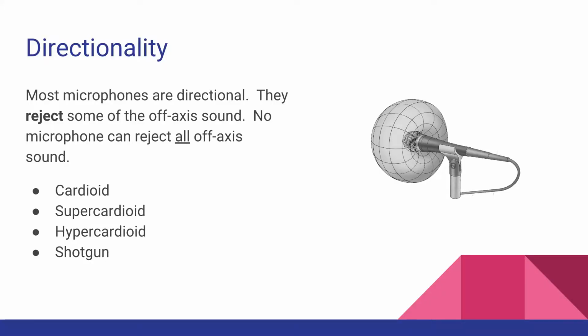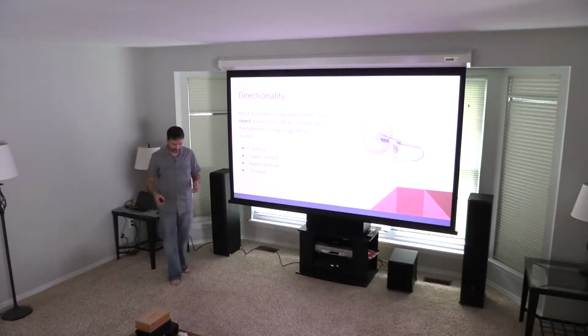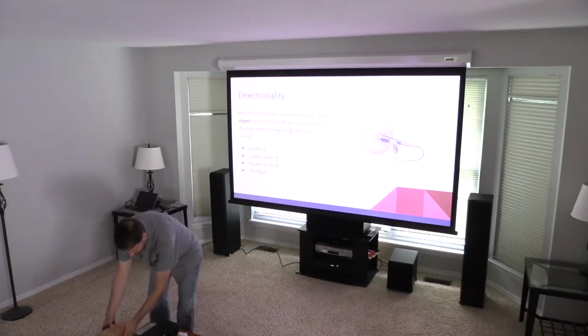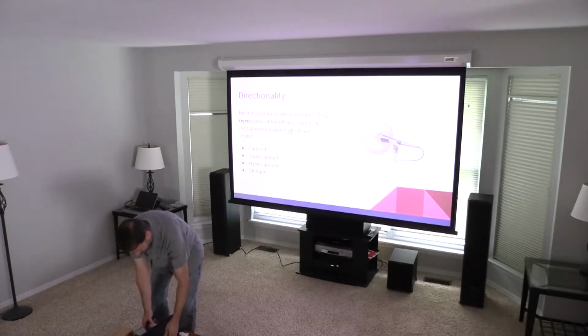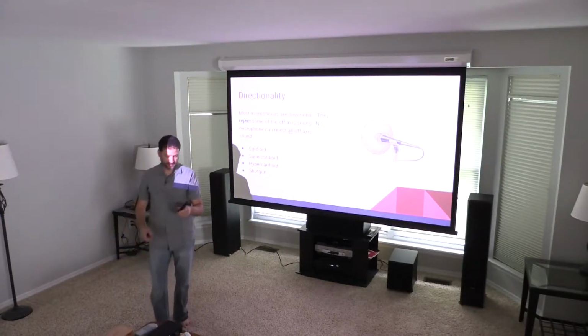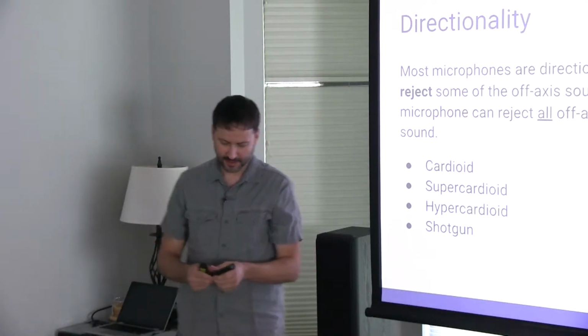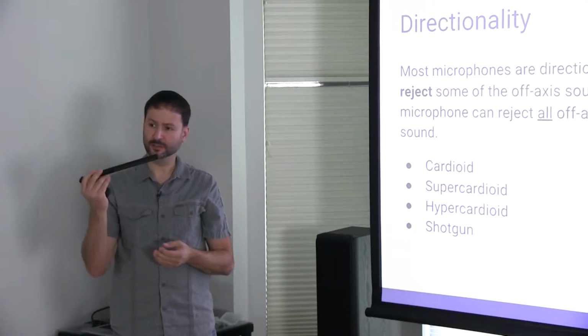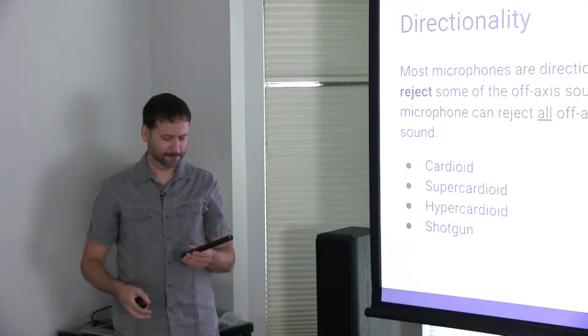All right, so directionality. I'm going to use a prop here. You guys have probably all heard of shotgun microphones. A shotgun microphone is called that because A, it's very directional, and B, it's long and it looks like a shotgun.